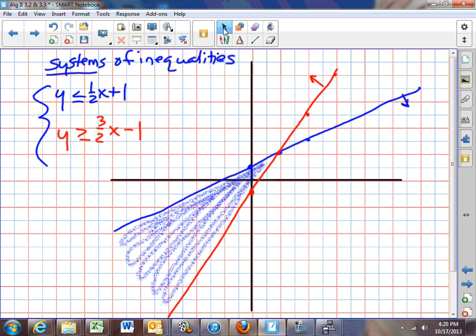Now, there's a couple of things that need to be mentioned here, because this section is actually building up to a thing called linear programming. And what we're beginning to do is we're identifying the region where the points that are matched with that region will make all of the inequalities true.